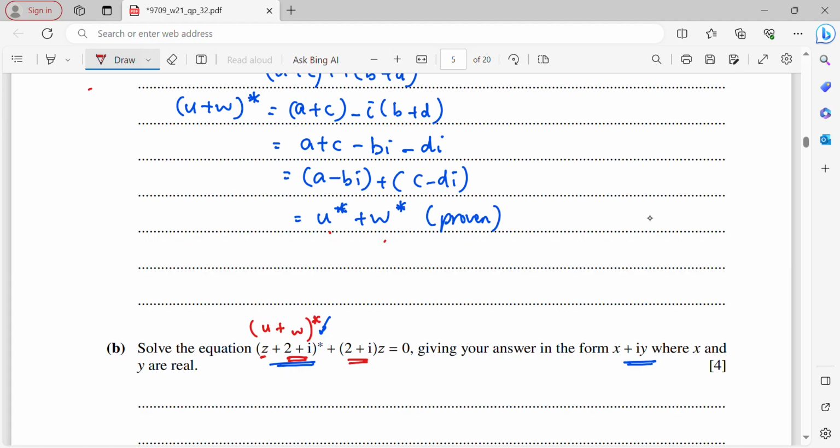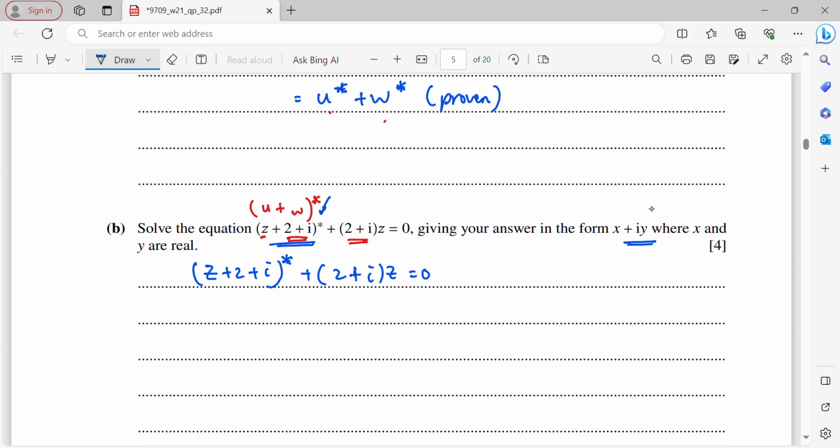So now I will copy the question. Let z be u, w be 2 plus i. That means the conjugate of z plus 2 plus i equals the conjugate of u plus w, so it will be u conjugate plus w conjugate.